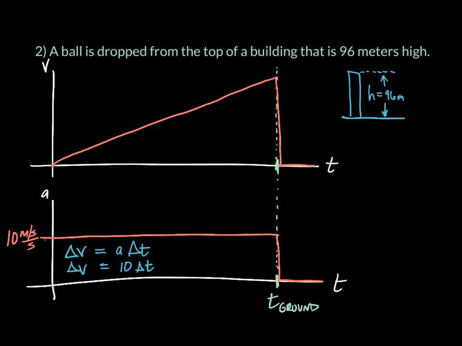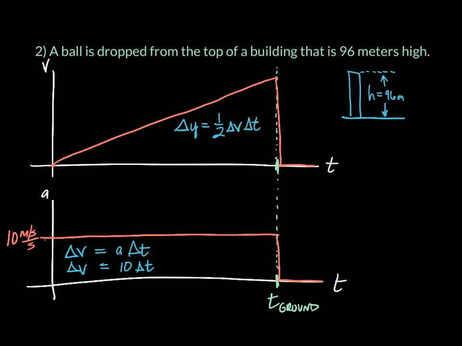Up here, we know that delta y, I'm going to go ahead and use XYZ stuff for this. It's vertical, so we'll use y. The area here is going to be 1/2 delta v delta t.